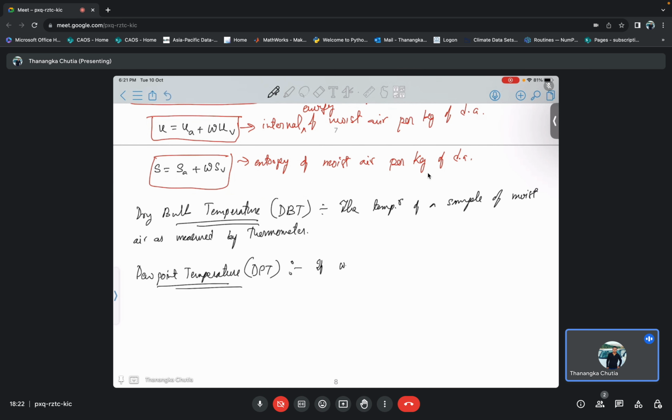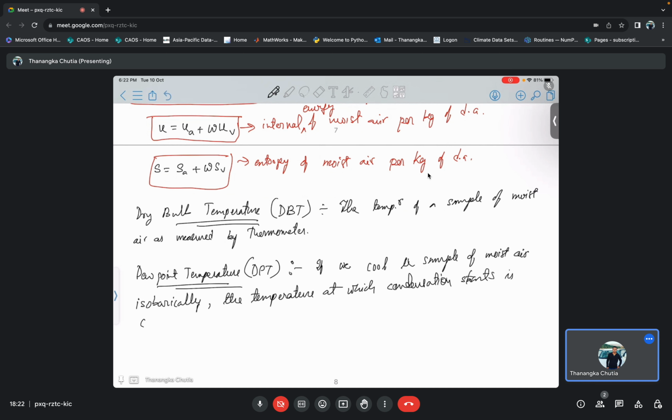If we cool a sample of moist air isobarically, the temperature at which condensation starts is called dew point temperature.